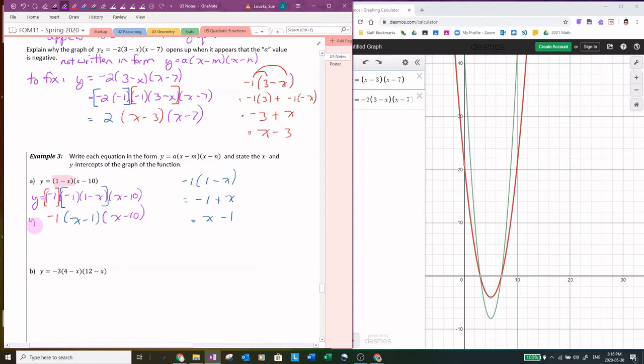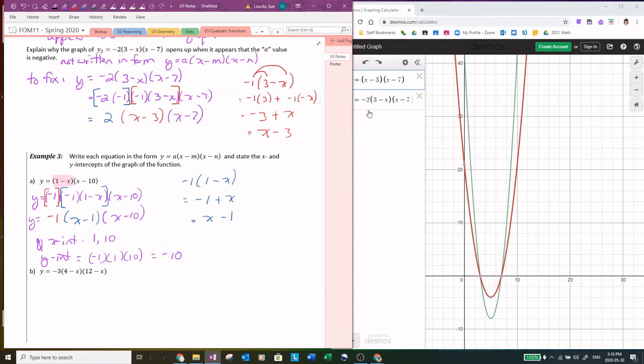So this is already in the correct form of y = a(x - m)(x - n), because we have minuses for both of those, so that makes this next part easy. The x-intercepts are 1 and 10. The y-intercept is -1 times 10, which is -10.